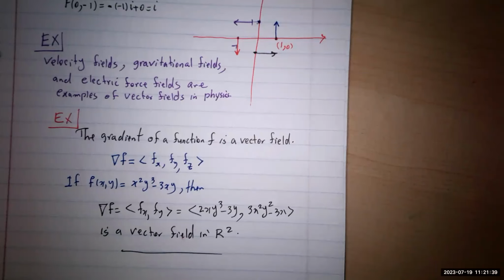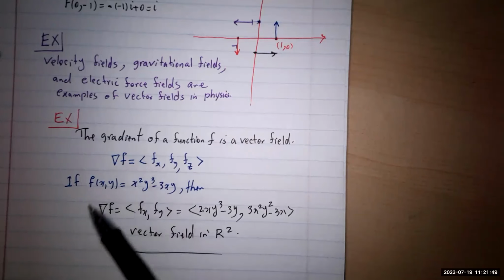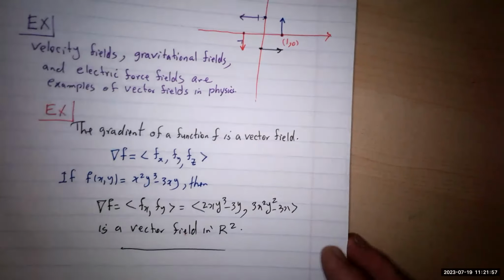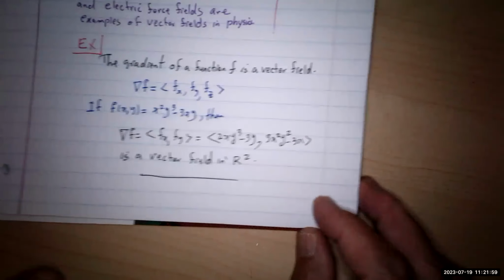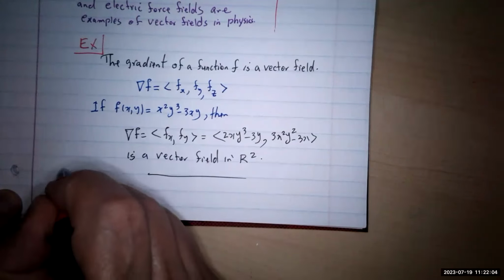This means if you give me a vector field, can I find a function like this so that my vector field would be the same as the gradient of f? This is going to be a kind of general rule for finding all the vector fields. So this is a very important question to consider.